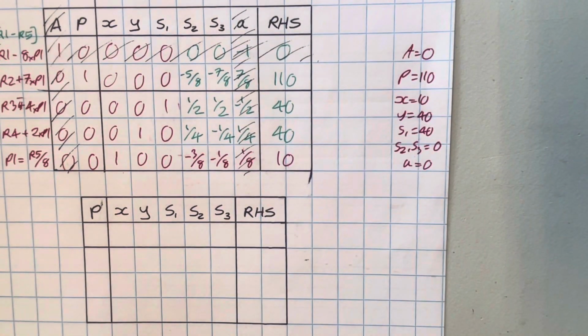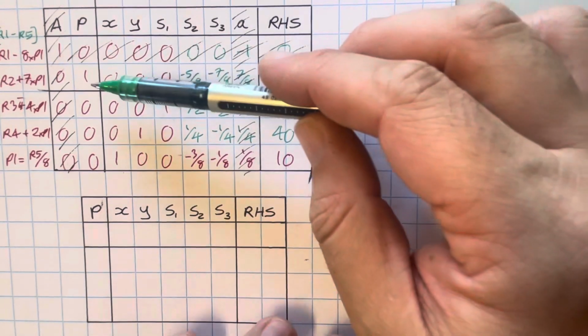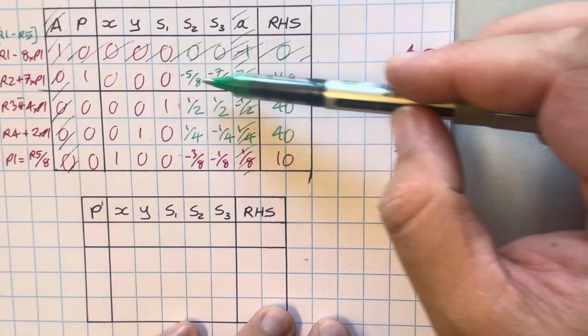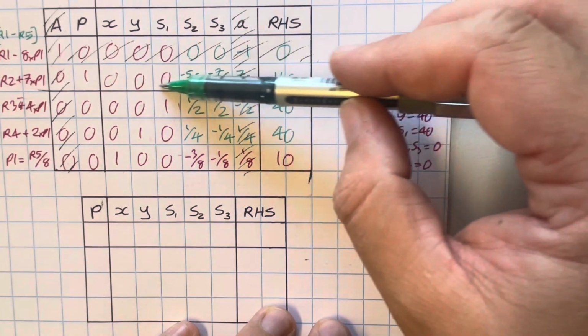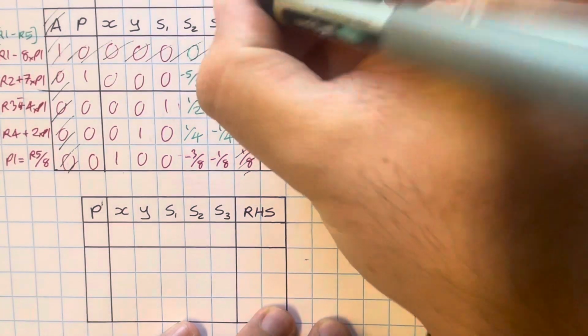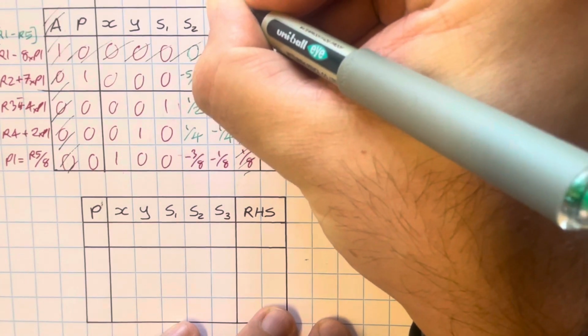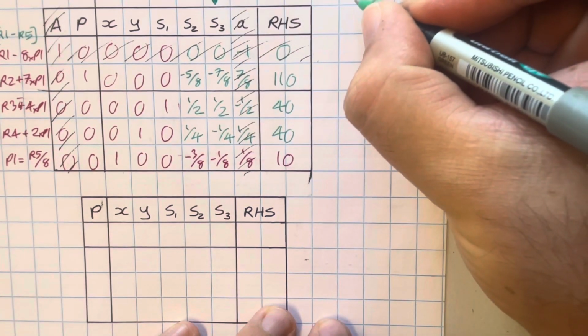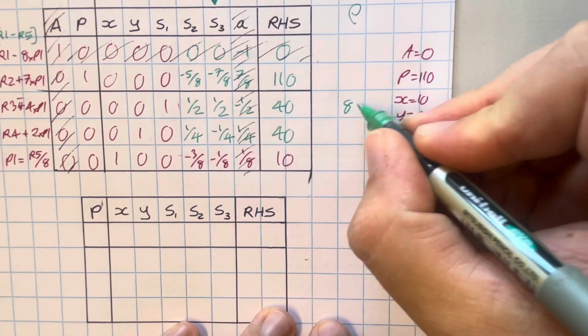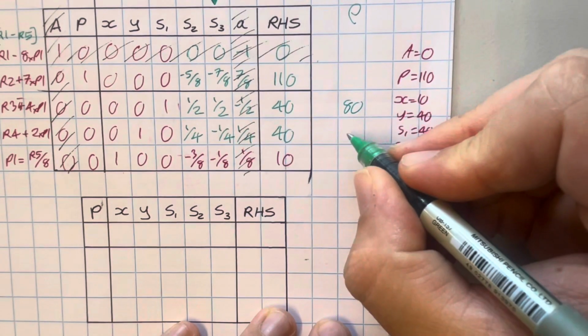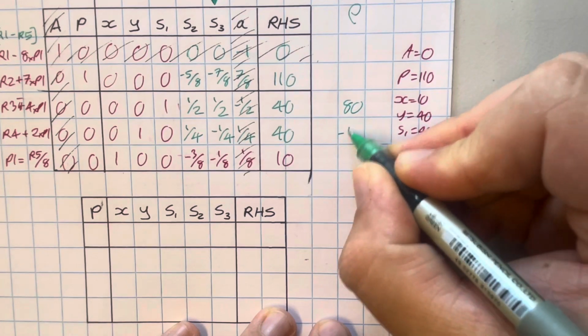Okay, the first objective is met. We now look to solve the second objective. So the second objective is to maximise P. Now to maximise P, we need to choose the most negative value in the objective row. That's the most negative. So we're going to choose to move along S3. Okay. Conduct a ratio test. So 40 divided by a half is 80. 40 divided by negative a quarter is negative 160.